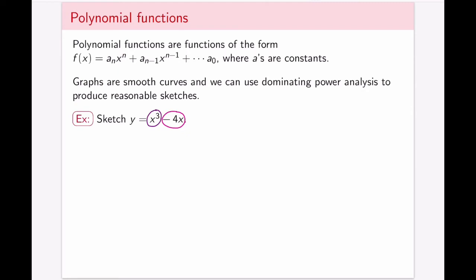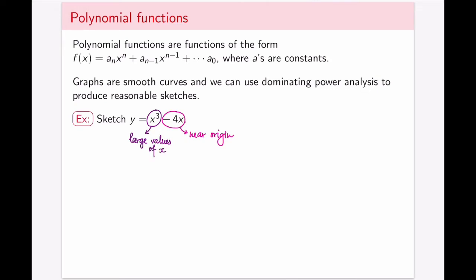So for small values of x, the small power will dominate, which means that for small values of x, the function will look like minus 4x. So this is going to happen near the origin. For large values of x, we're going to see the larger power dominate. So this is what the function is going to look like for large values of x.